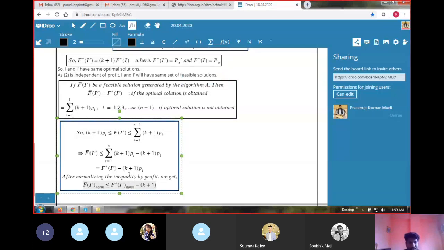So we are dividing the inequality by pi, both sides of the inequality.